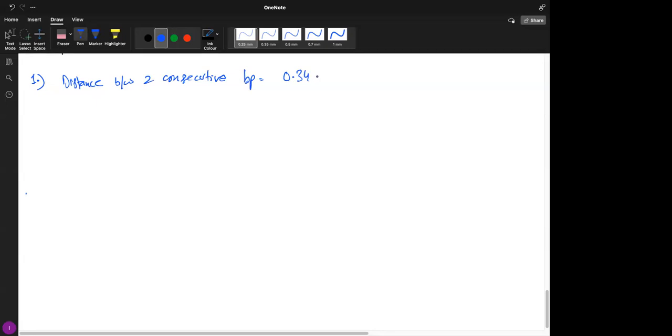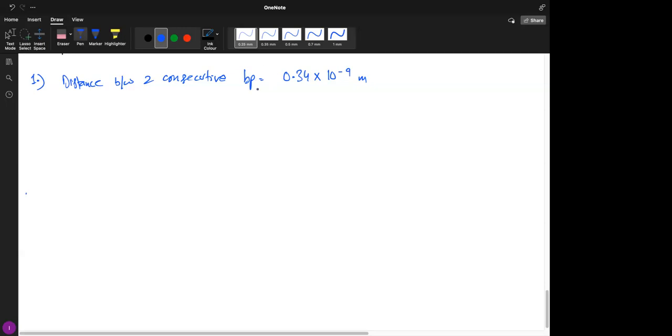Nanometer. So in terms of 10 raised to the power, what can I write? Nano means minus 9. Yes, 10 raised to power minus 9 meter, because now I wrote this, so I can convert it. I have converted into meter. So 0.34 into 10 raised to power minus 9 meter is the distance between two consecutive base pairs.